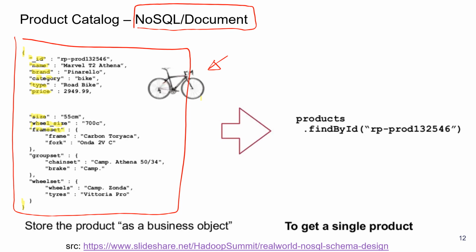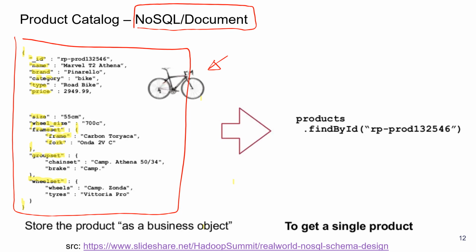Then we have some complex attribute, that is frame set, which has a nested document right here. You can see frame set has a nested document with the attributes frame and fork. Then we have a group set, another nested document, an attribute with a nested document as a value, then a wheel set, and so on.